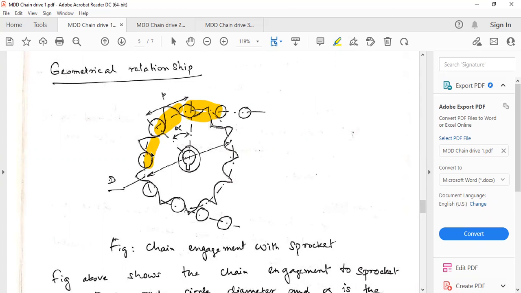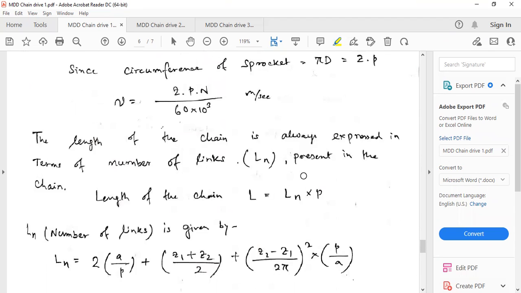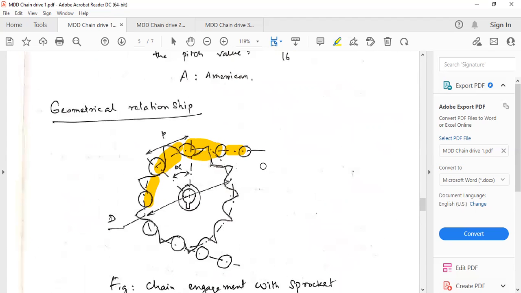The total number of links multiplied by the pitch gives the length of the chain. From here to here is 1p, then 2p, 3p, 4p, 5p, 6p, it will go like that. Suppose from here to here is one link, next link, third link, fourth link, fifth link. It goes like this. Suppose n number of links is there, let's say 10 links.